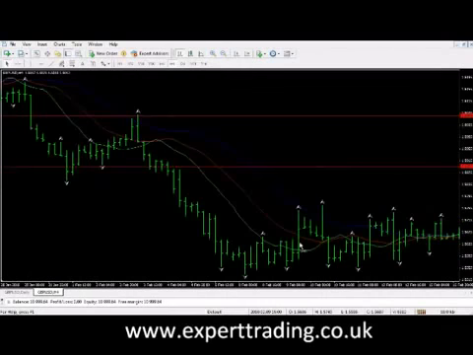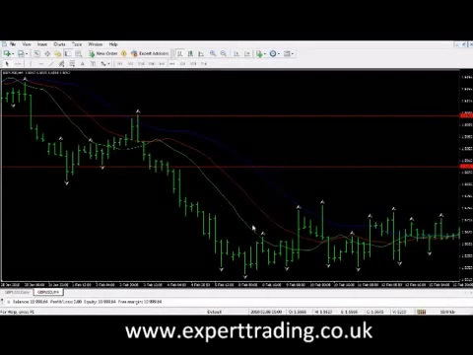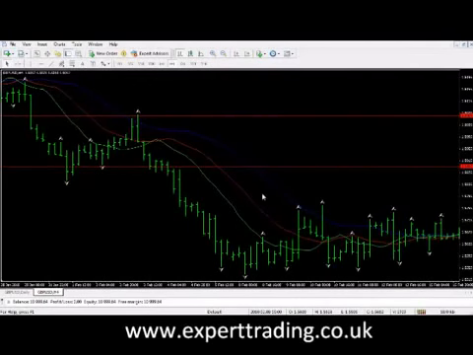And then generally, if we see about 4 or 5 up fractals before a move's ended, we tend to exit the trade. Because we don't want to stay in here forever, because it could move back up and all our hard-earned pips could be lost.